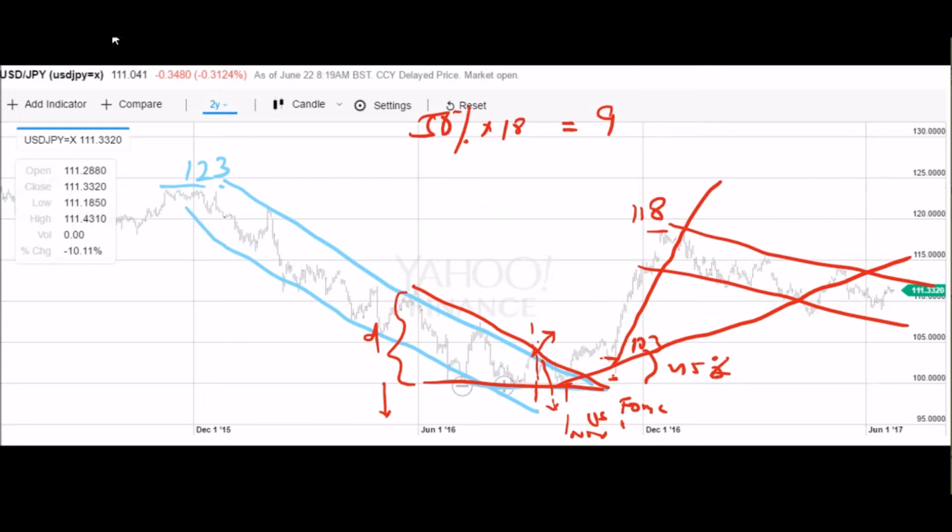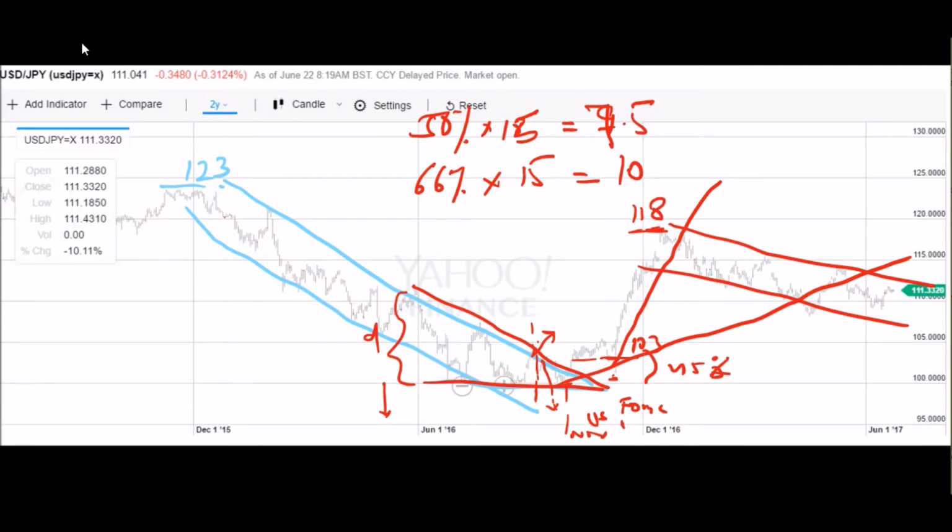We need more precise numbers. So 103 to 118 is 15 yen. 15 yen, and 50% of 15 yen is 7.5 yen, and 66% of 15 yen is roughly 10 yen.